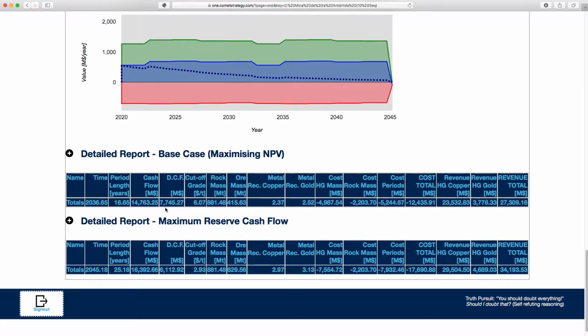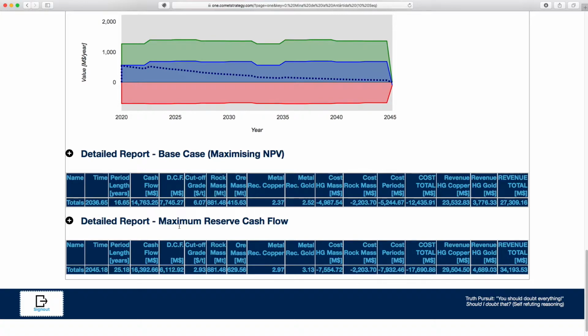So more value, but produced over a longer time. This reserve cash flow objective didn't take into account the time value of money. It just looked at the value in the current period and just said, look, can I make another dollar with this extra piece of rock at this cut-off grade? And if you can, it included it.